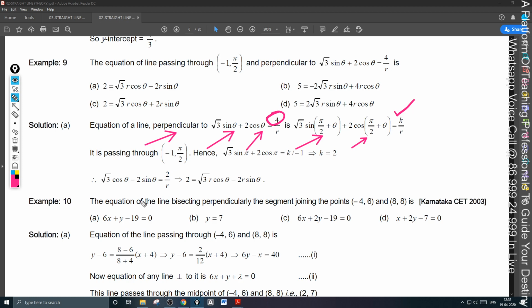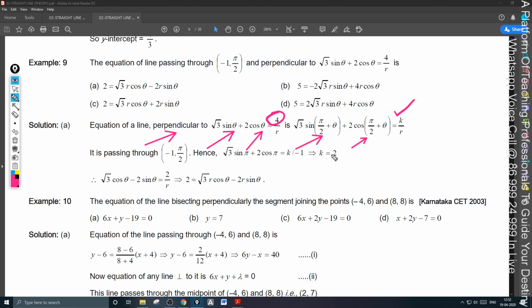So it passes through which point now? Minus 1 comma pi by 2. Substitute here. Pi by 2 plus pi by 2, pi, is equal to k divided by, what is the point here? This is nothing but r, minus 1. So root 3 sin pi plus 2 cos pi is equal to k by minus 1. So finally this is 0, this is minus 2, and k is 2.